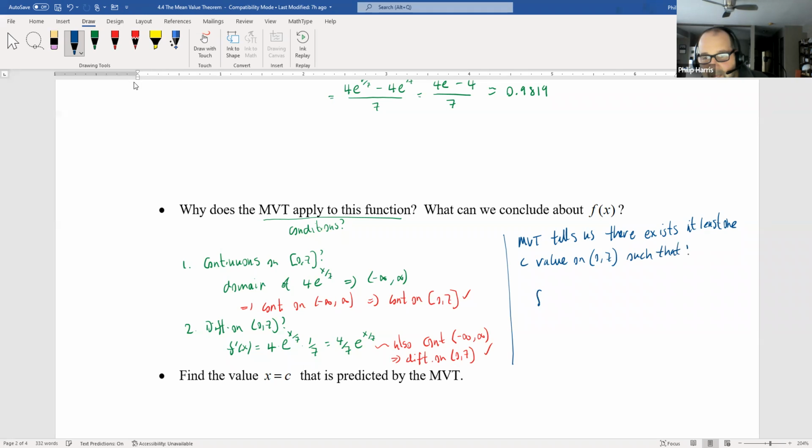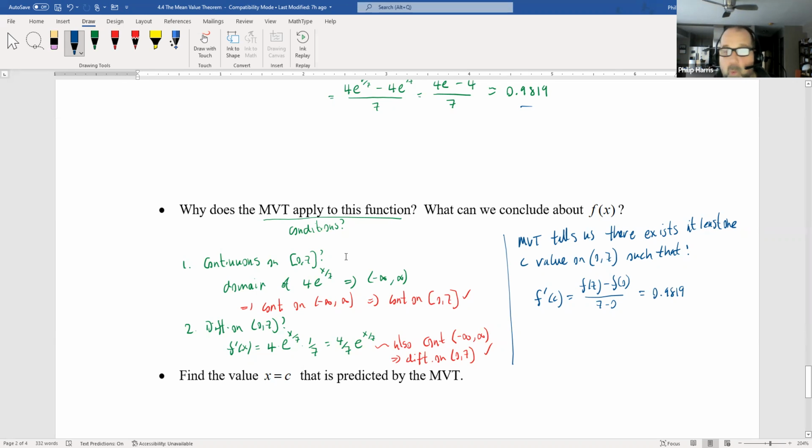We must have that f prime of whatever that c value is equals f of 7 minus f of 0 over 7 minus 0, which we happen to have computed up above. This is 0.9819. So this is what must be true.